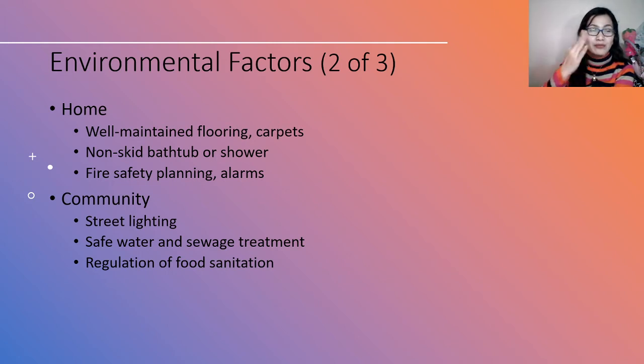Is there safe water for drinking? Is there sewage treatment to clean the sewage? Waste and water pollution causing materials can again affect the health of the people. There is also regulation of food sanitation in the community that you have to take note of.